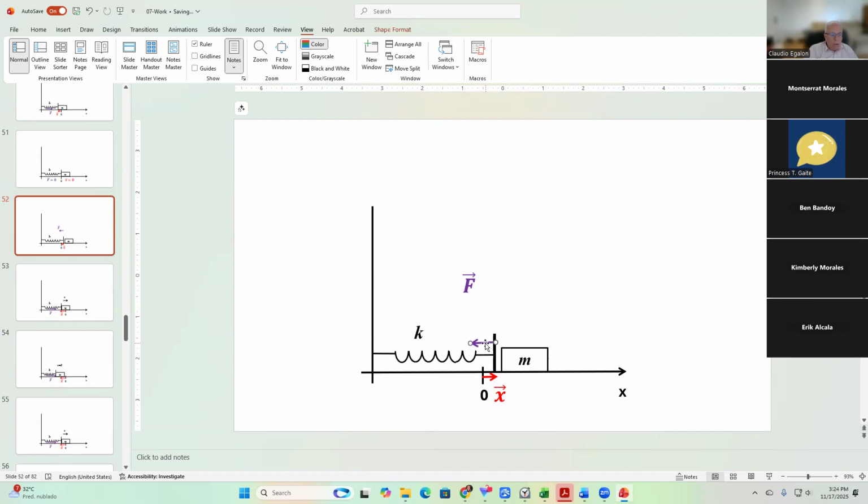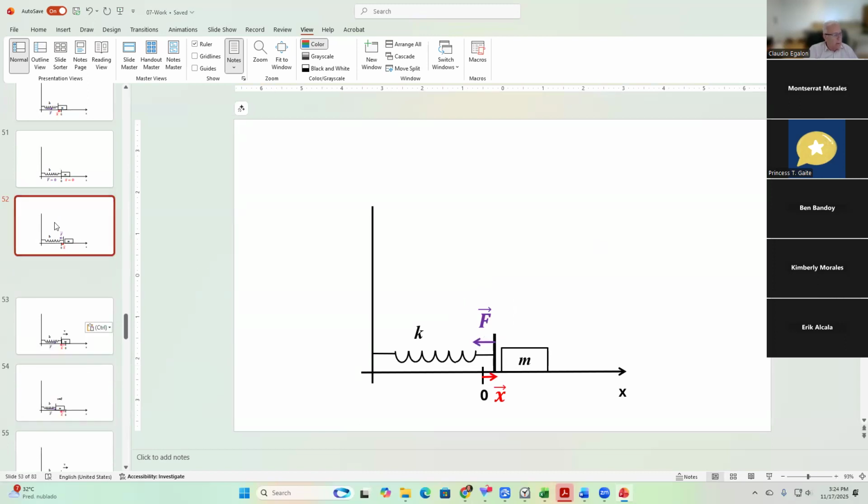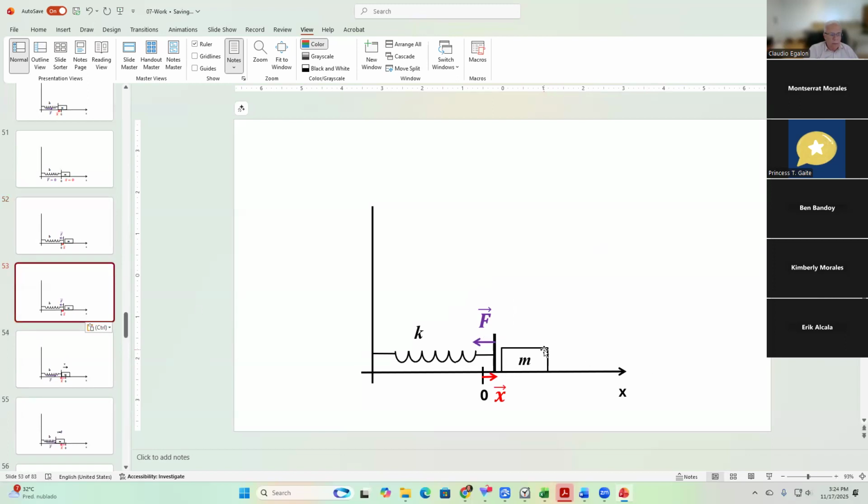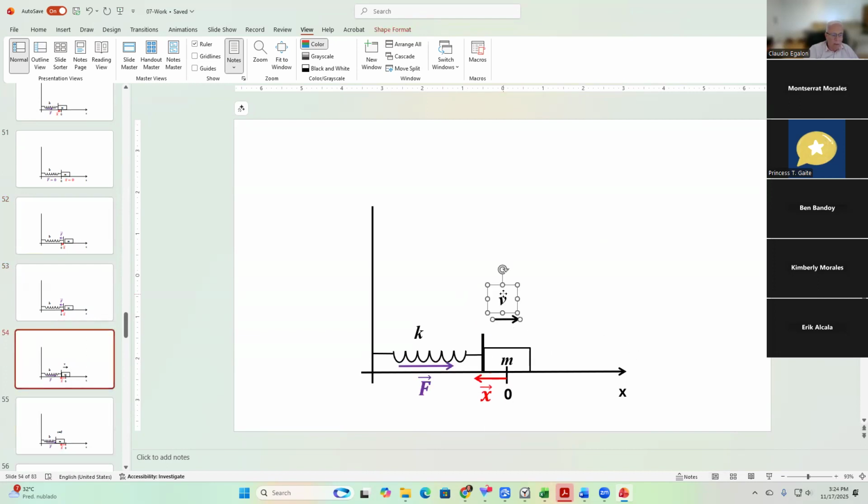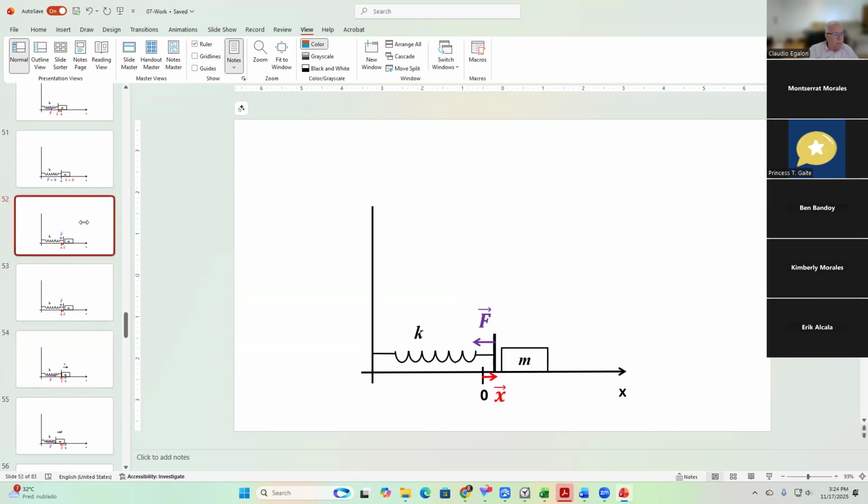Exactly what I want. It's going to be like that. A little bit later, I'm going to put also a velocity vector here for the mass. The force on the mass is going to be zero because there is no more elastic force. And by the way, the surface is assumed to be frictionless.